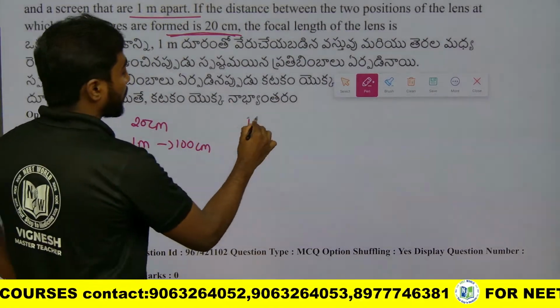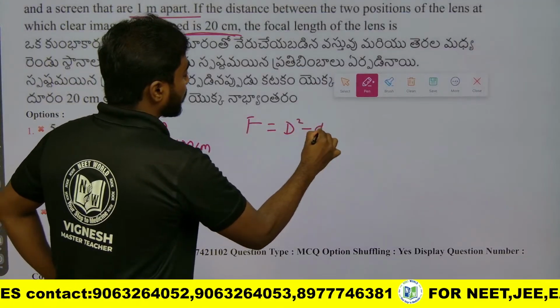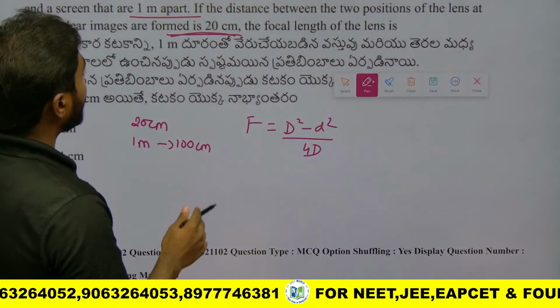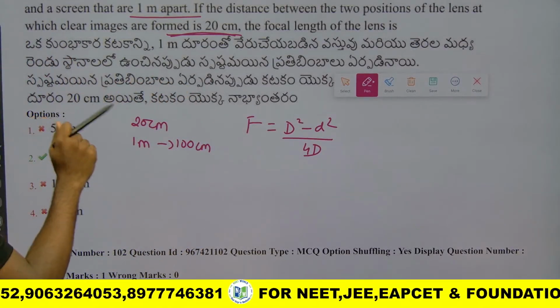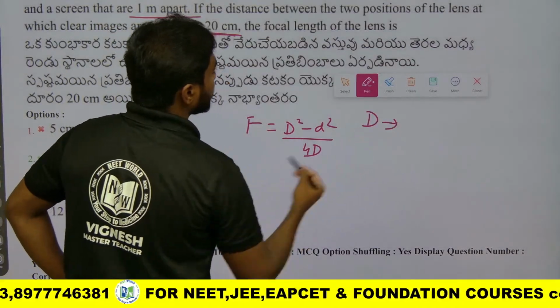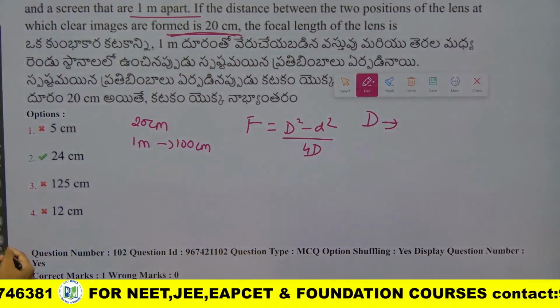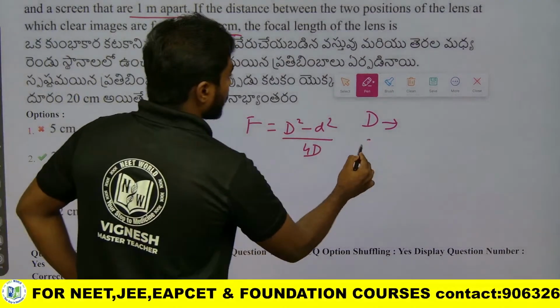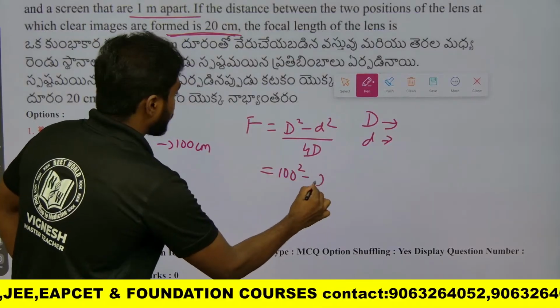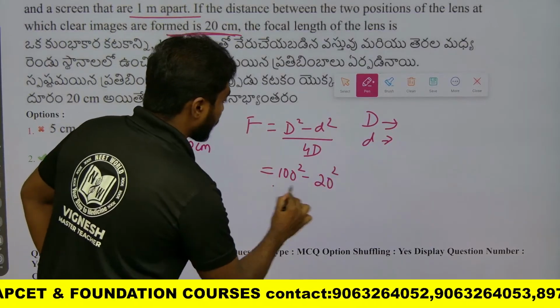Now apply the formula, f is equal to (D square minus d square) by 4D, where D is the distance between object and screen and small d is the distance between the two lens positions. So 100 square minus 20 square, divided by 4 into 100.